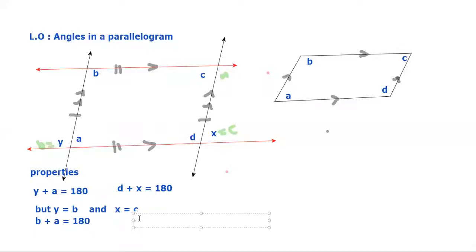And on this side, D plus C is equal to 180.